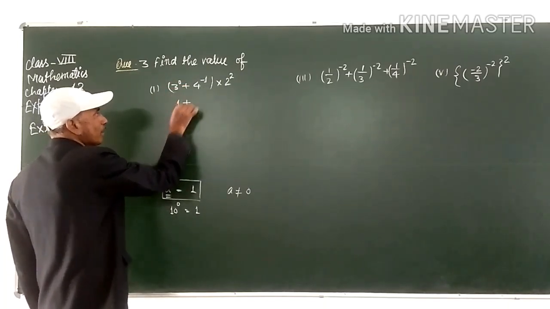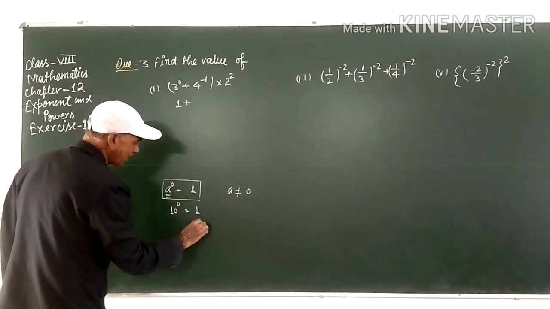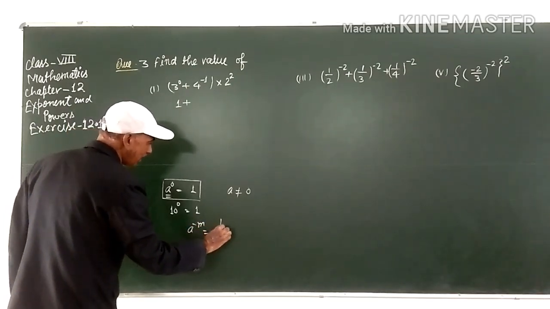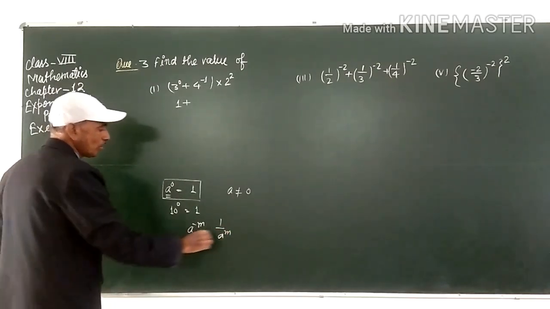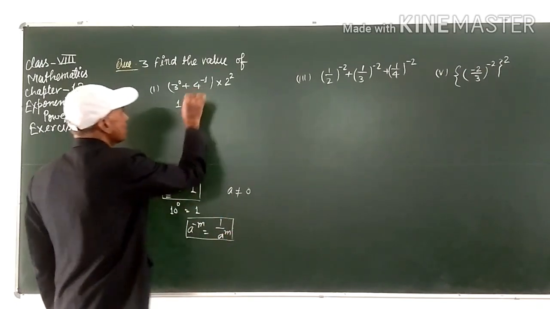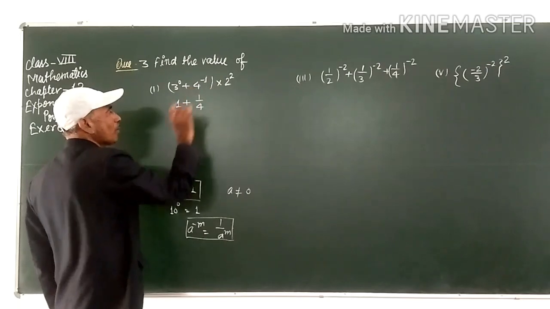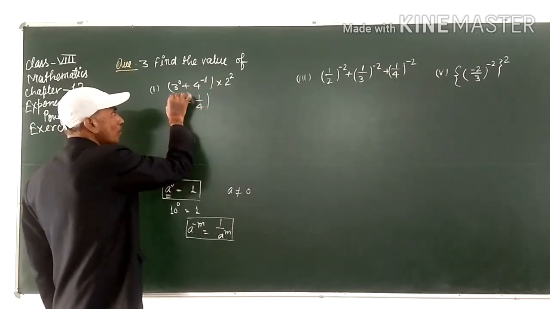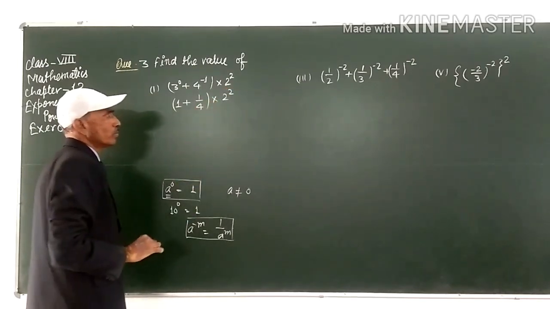plus a to the power minus m, a to the power minus m is equal to 1 upon a to the power plus m. Clear, students? So again we will use this rule in this. So it will be 1 upon 4 to the power 1, means 1 upon 4 into 2 to the power 2.